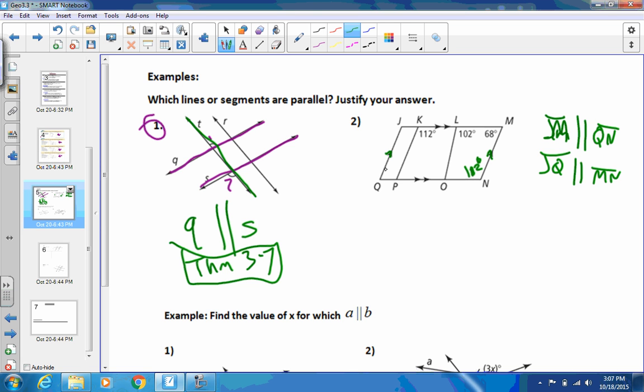We could also say this would be same side interior, so this would have to be supplementary to 112, so this is 68 degrees. And then this is same side interior up here, so this would be 112 as well.